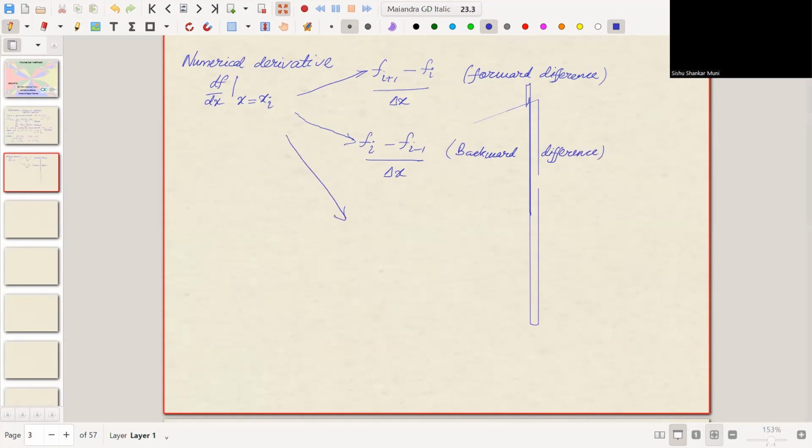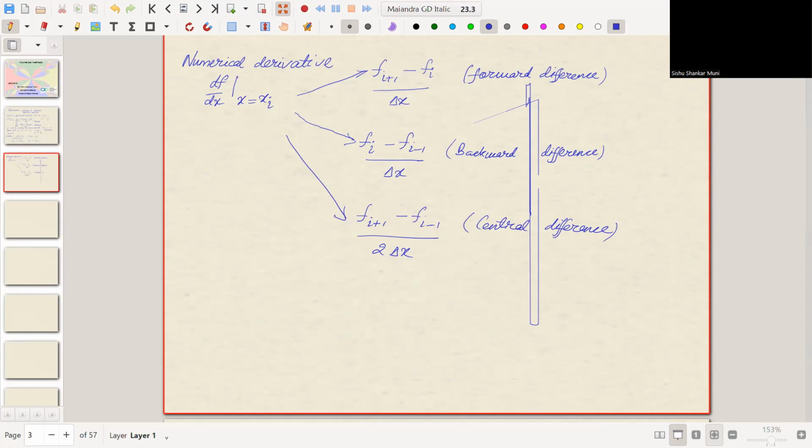There is another definition, which is not so trivial.